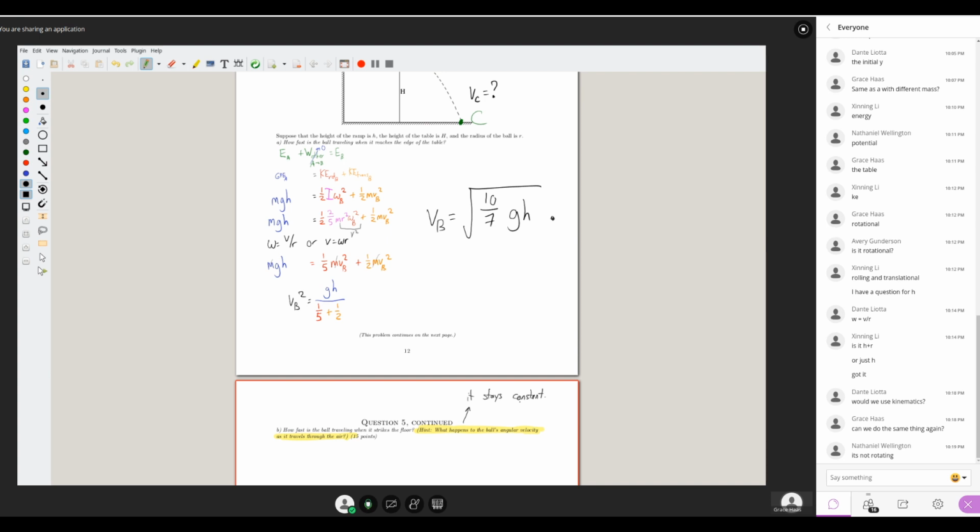It's not rolling on anything anymore. So its linear velocity v is going to increase in magnitude as it falls, but its angular velocity is not going to change as it flies through the air. And that is something that can catch people.